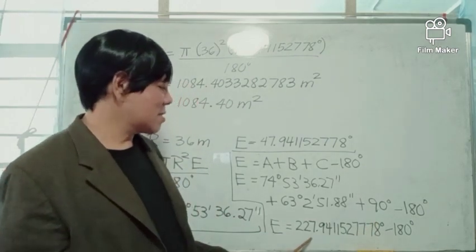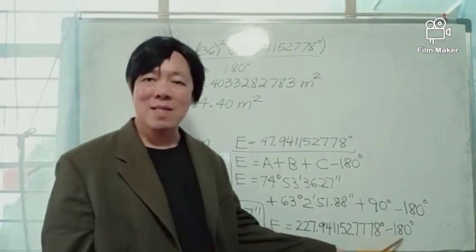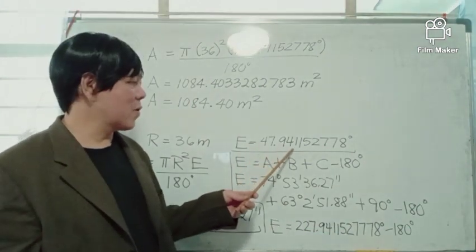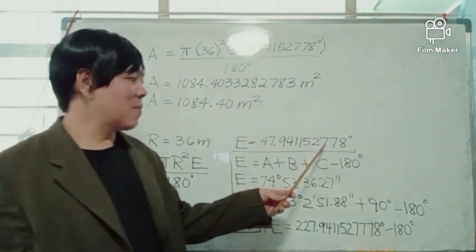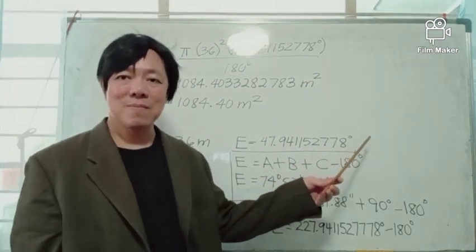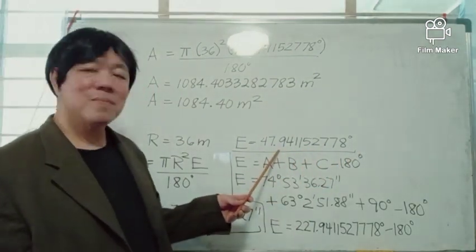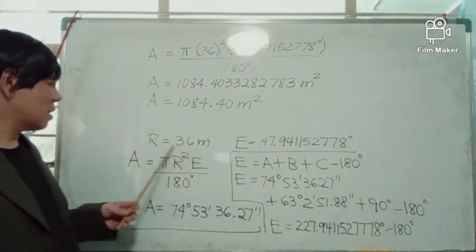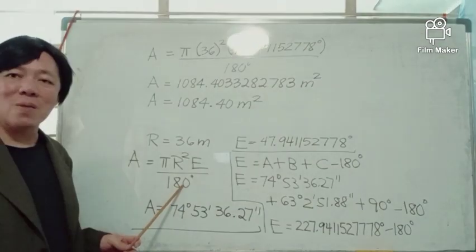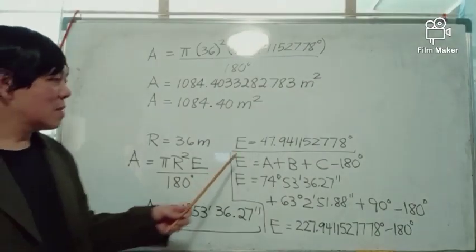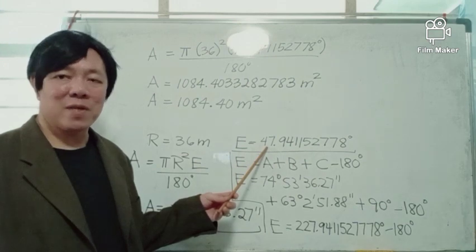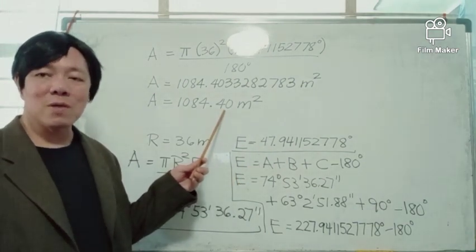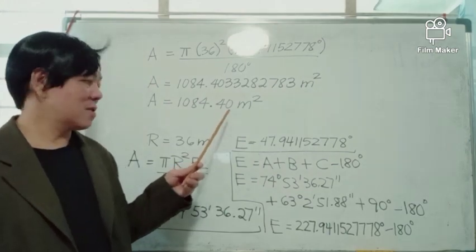And from this sum, we subtract 180 degrees, which gives us 47.9411527778 degrees. This is the spherical excess that we substitute in the formula for calculating the area of a spherical triangle. We will not round it off yet. We will do the rounding off when we get the final answer.